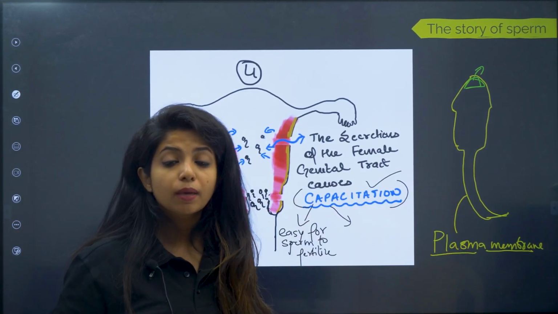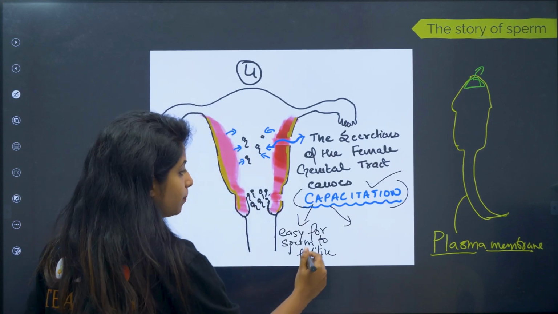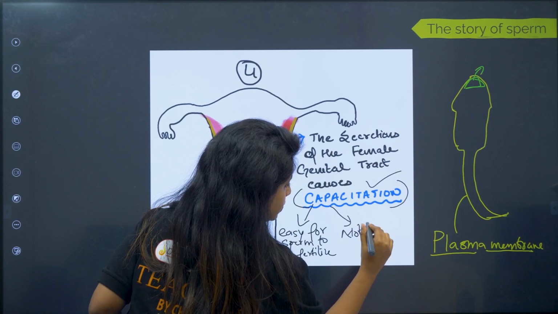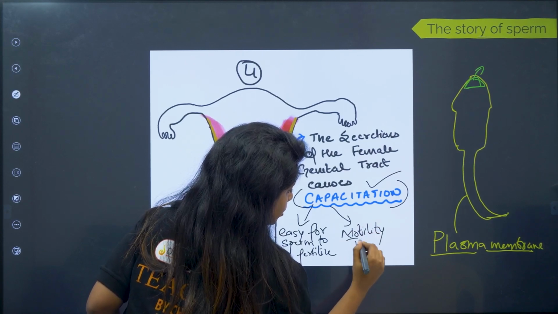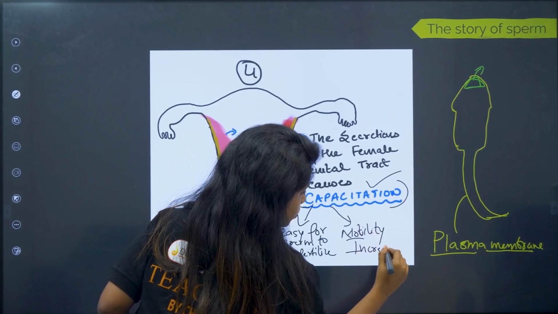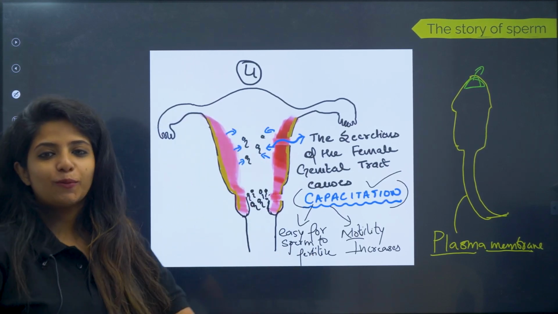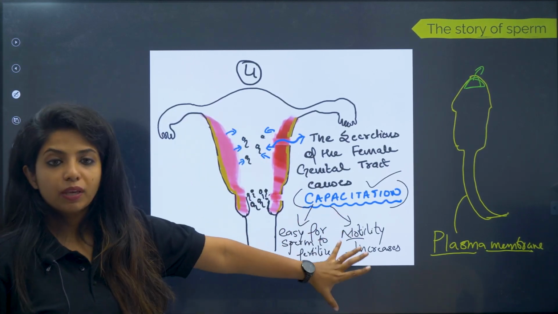Now the sperm will be able to move really fast. Motility increases. So please do not judge me by the handwriting, I am not able to write like this. So, two major things for capacitation.